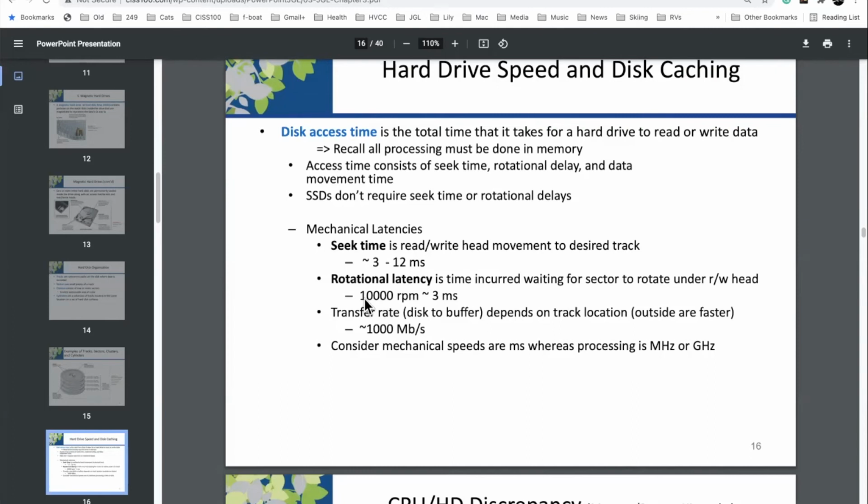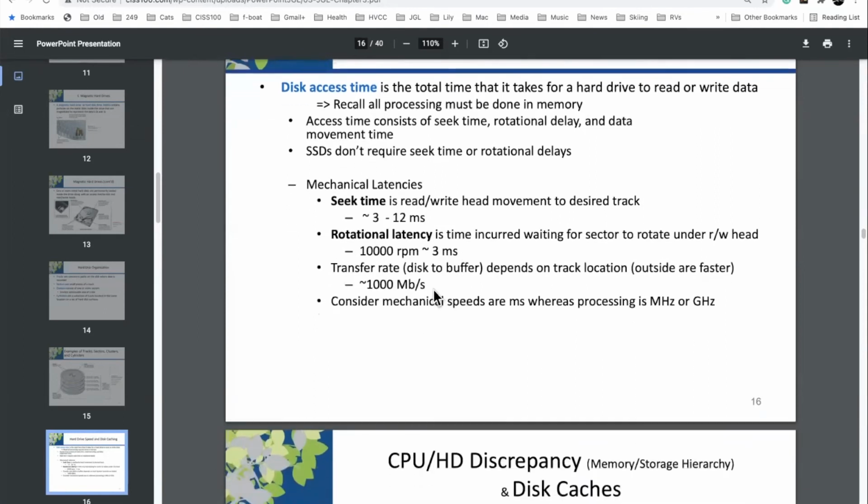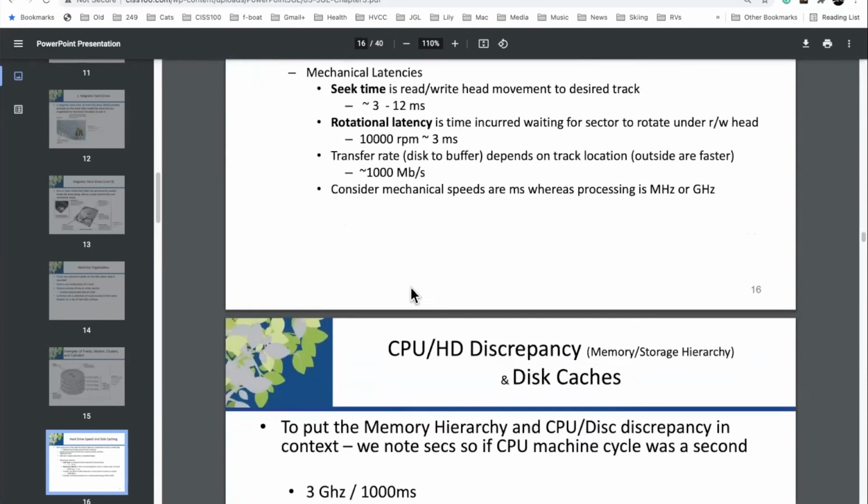With a device rotating at 10,000 rotations per minute, it's going to be about 3 milliseconds. And then we transfer it, and the transfer rate is a lot quicker, because now we're talking about megabits per second. Again, the lowercase b is bits, but of course file sizes are in bytes, capital B, so we know how to evaluate that.